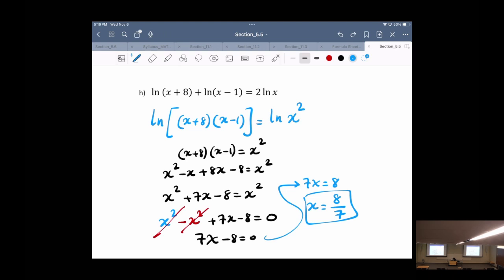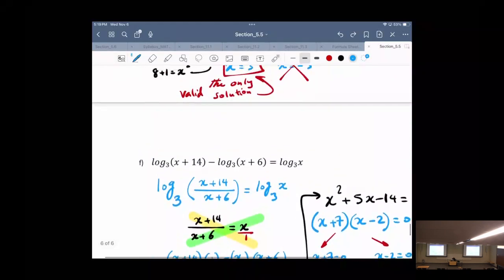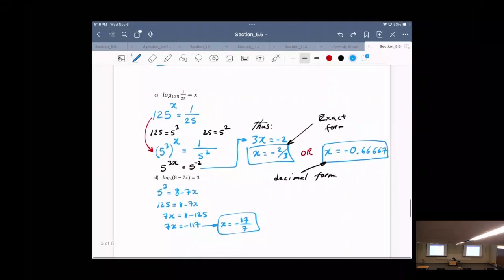But do double check these anyway, just to make sure that the left side, when you check, is equal to the right side. Okay? All right, so this is the end of this worksheet. If you had your own solutions in front of you as you went through all this, I'm sure you benefited from this a great deal.